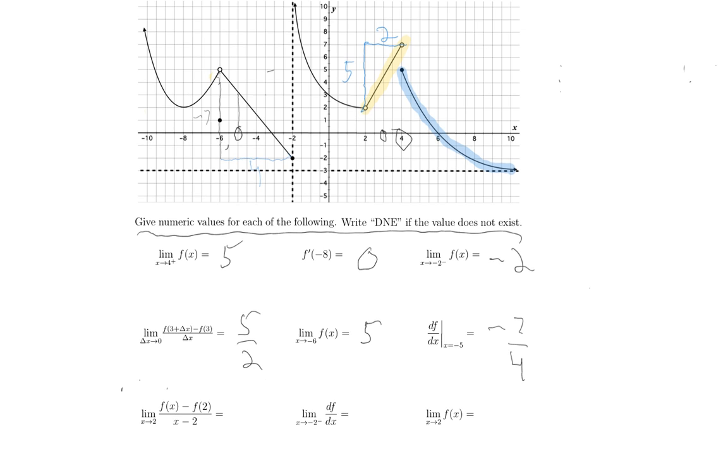So, now, we are going to be looking at the limit as x approaches 2 of f of x minus f of 2 over x minus 2. So since we're looking at 2, I'm going to clean up this stuff over here. Awesome.